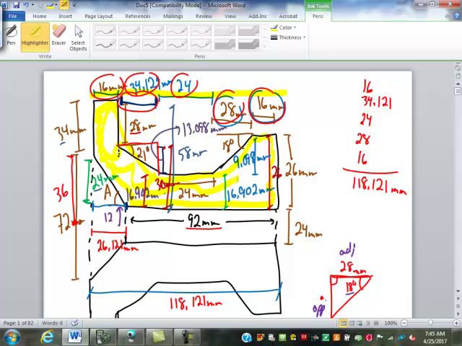So that's going to be that piece and this piece put together. But all you need to do is find the area of one of them and double it, because they are identical. We're going to leave the circular part out of that one for now.